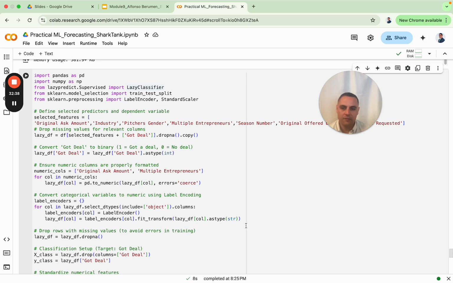I just fed in sample predictors or sample features, but you can see that very quickly I could get a predictive model that I could then use. So that's going to wrap up the Colab or Python demo, and that'll be the end for Module 9 in terms of application.